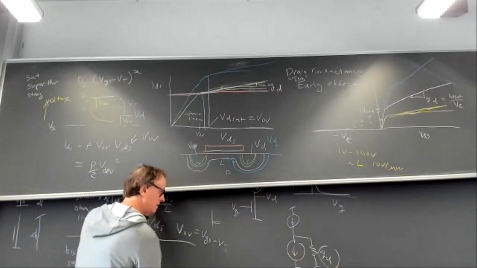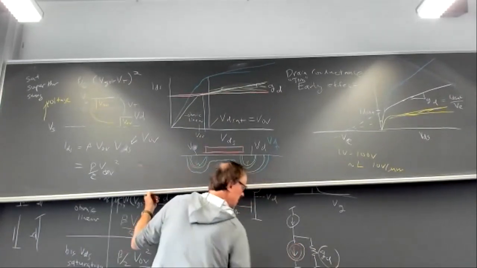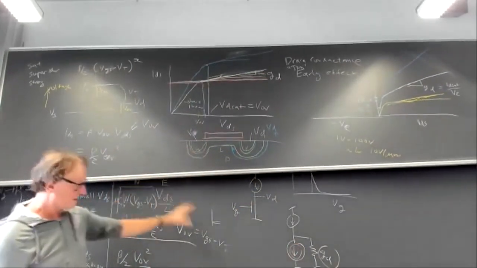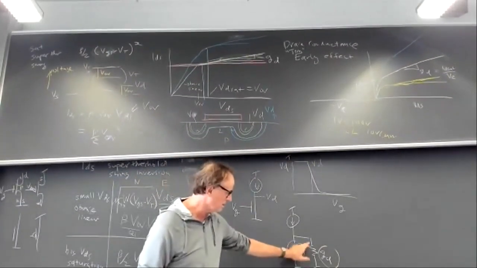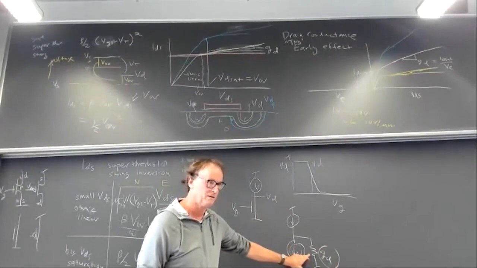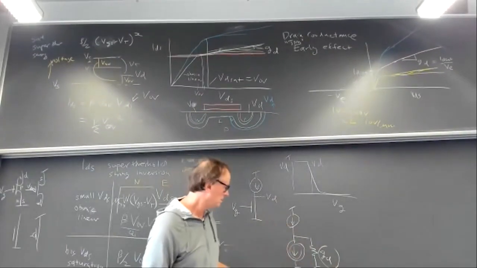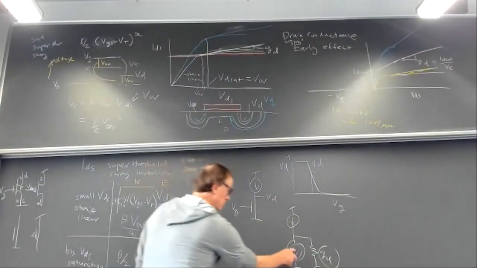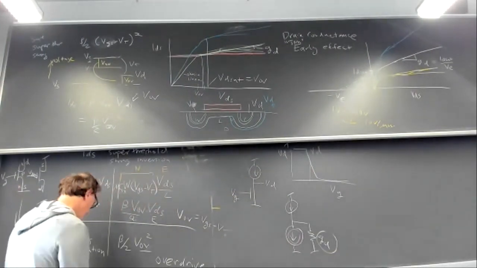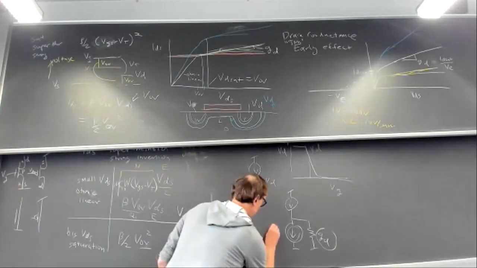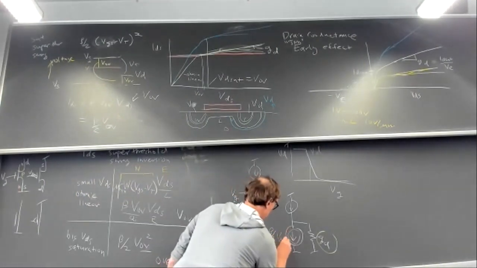Is it clear? That's the equivalent circuit. This is like the perfect current transistor saturation. This is with the drain conductance in parallel with it. Okay, so that's the equivalent circuit. And this current here is exactly given by the above threshold beta over 2 times the overdrive squared.